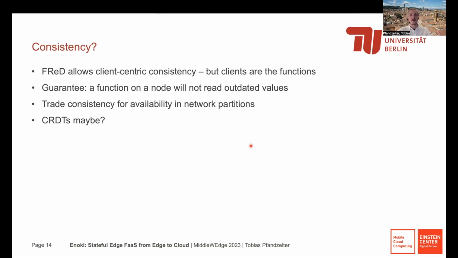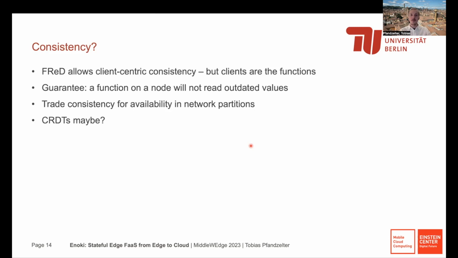It will always see monotonic reads, monotonic writes, and read-your-write consistency, which is fairly easy to implement because we co-locate our key value store with our function as a service platform. That means a function on that node will always access the same copy of the data. However, of course, we have to trade consistency for availability in network partitions. We don't want our distributed FaaS platform to completely break down if two nodes can't communicate. So if you have some form of network partition, that consistency has to stop.